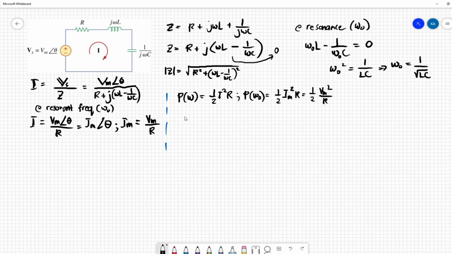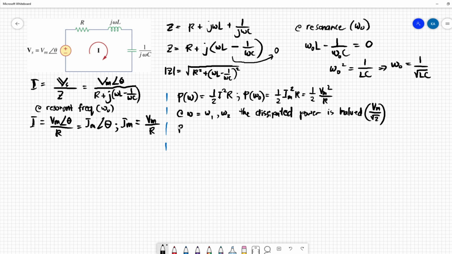At certain frequencies, for example, we have ω1 and ω2. Let's say at ω1 and ω2, the dissipated power is half. Or we can divide the magnitude of Vm by square root of 2.